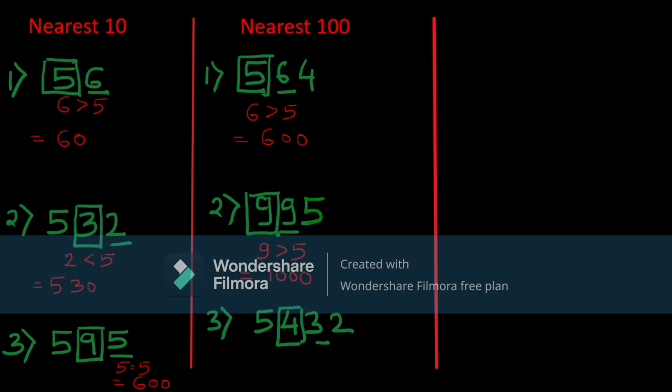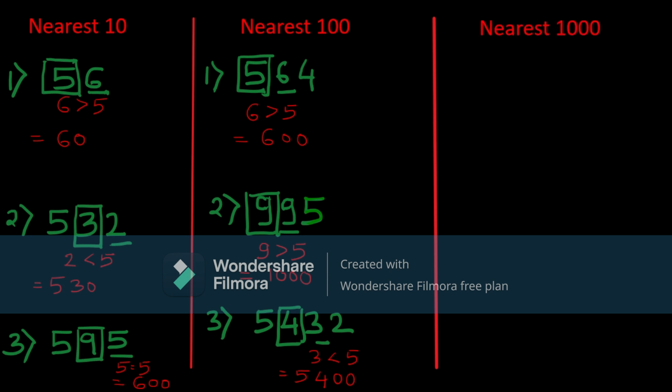Now see here, the number at the 100 place is 4, and the number to the right of this is 3. 3 is less than 5, so we'll not increase this 4 by 1. So this will become 4,500.